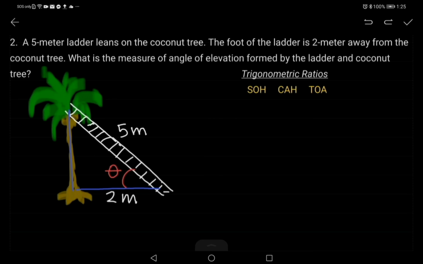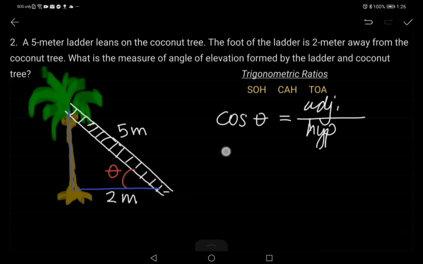Okay, let's solve the problem. Cosine theta equals adjacent over hypotenuse. So cosine theta equals adjacent is 2 meters and hypotenuse is 5.